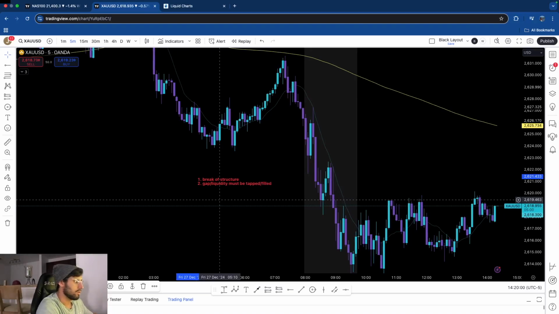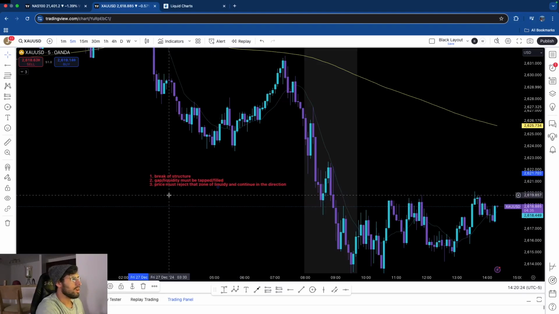Three, price must reject that zone of liquidity and continue in the direction.